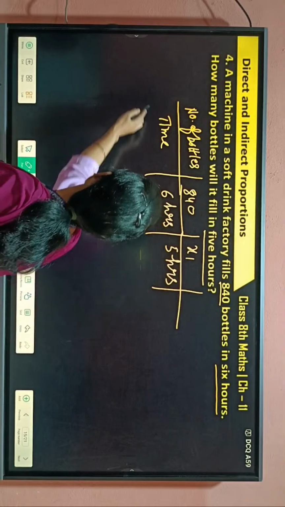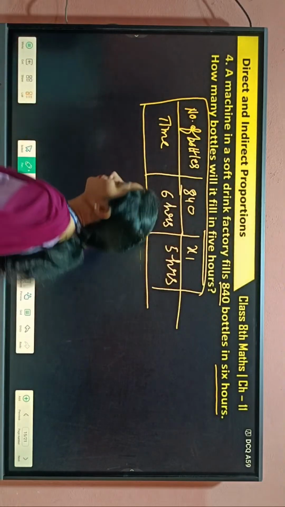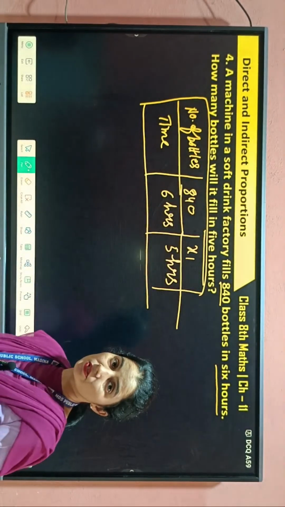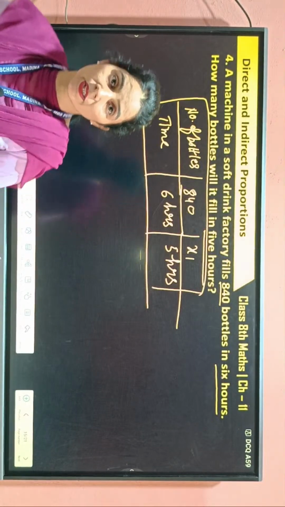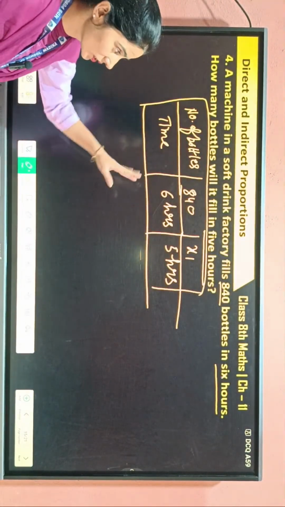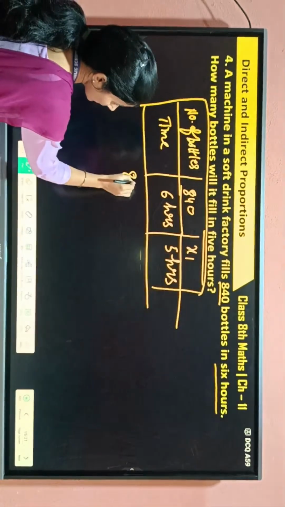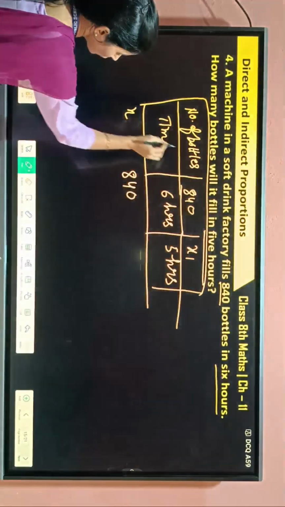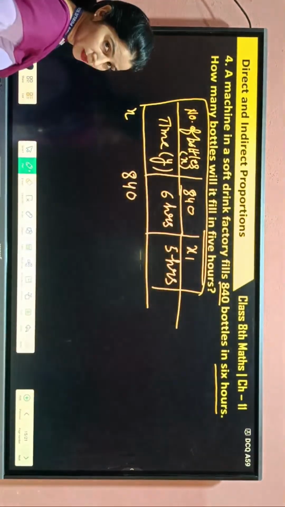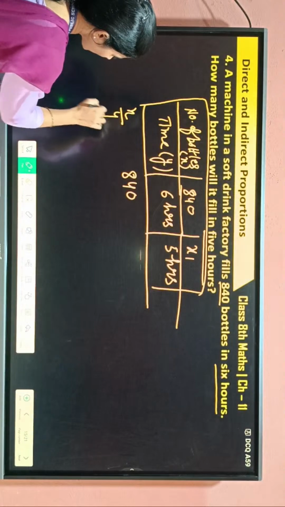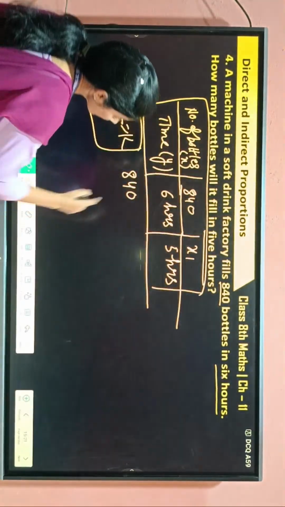As the number of bottles increases, time will increase, and if time is decreasing, the number of bottles will decrease. So this is a case of direct proportion. If we denote the number of bottles with x and time with y, then x by y equals k. The x by y ratio will be constant.